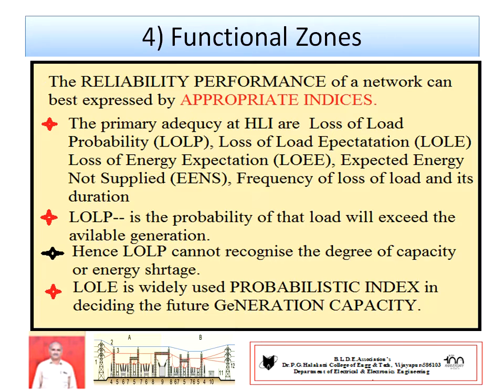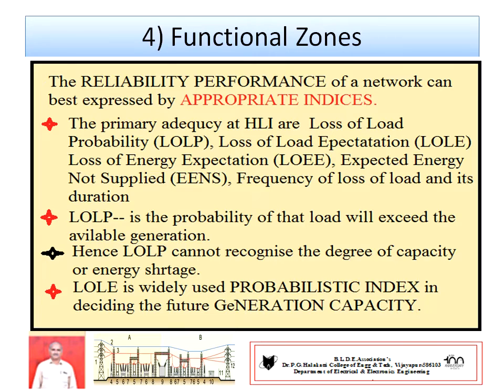the generation side only. The LOLP is the probability that the load will exceed the available generation. Once again, LOLP is the probability that the load will exceed the available generation. In a similar fashion, LOLP cannot recognize the degree of capacity or energy shortage.